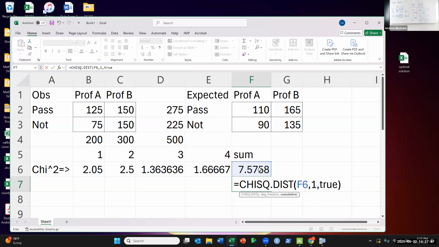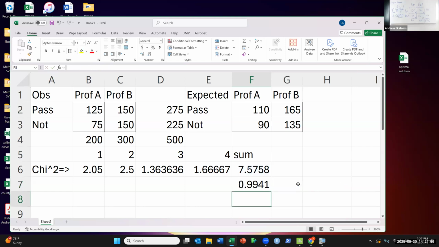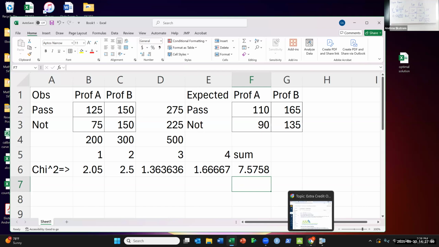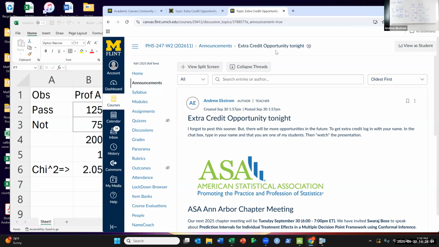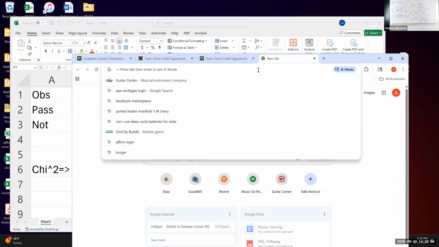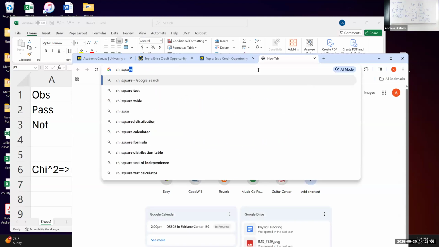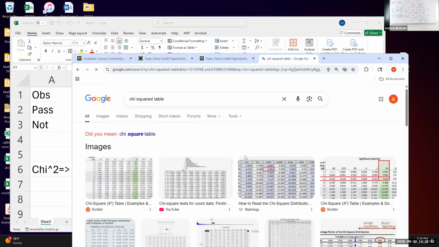I haven't actually tried to do this yet, so I have no idea if it's going to work. No, it didn't work. So we can just look up a chi-squared table.